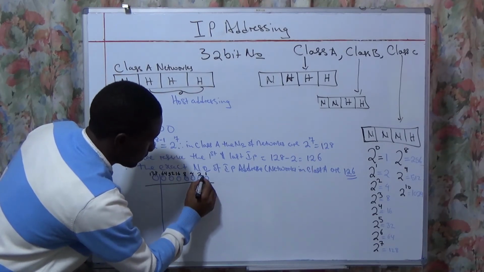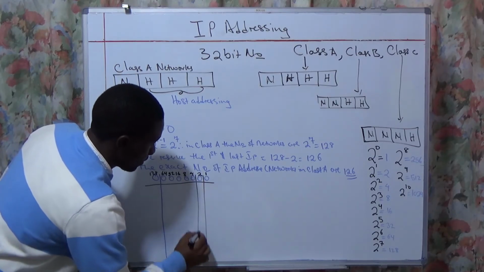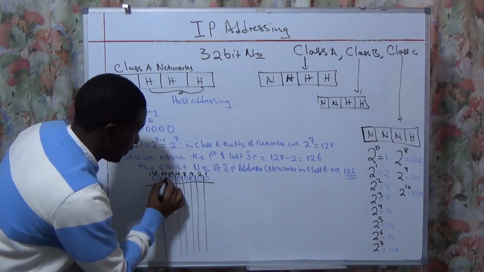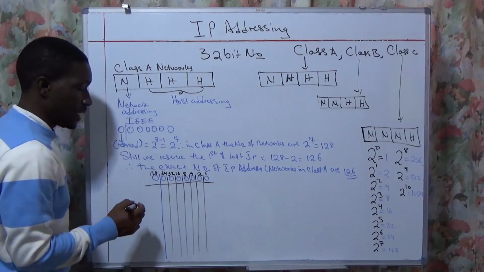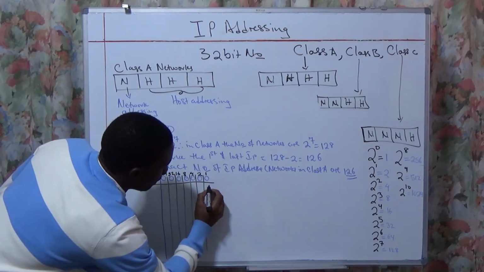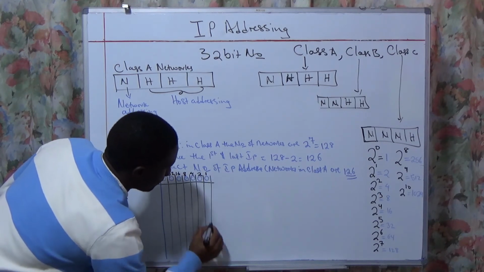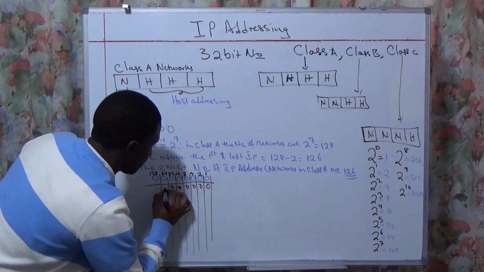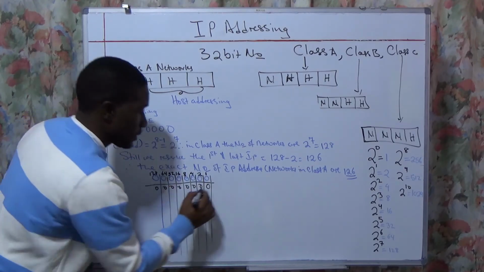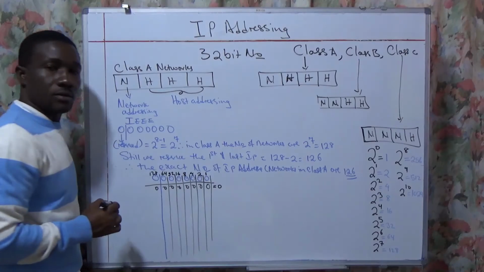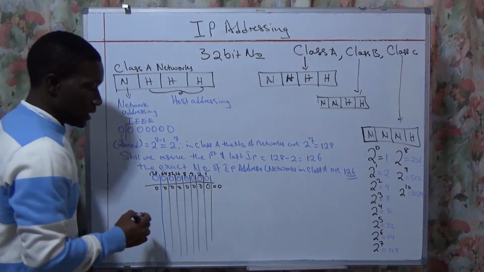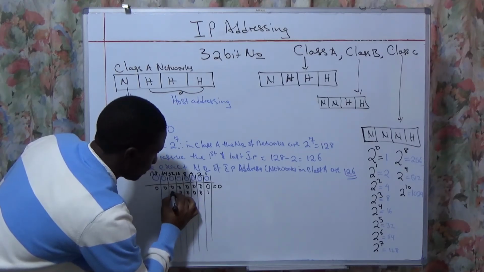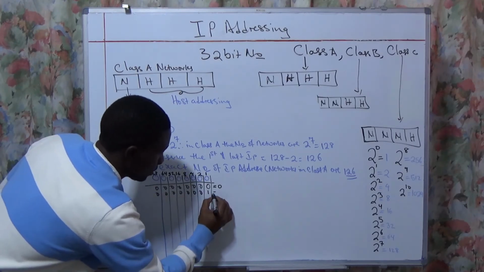So for clarity, let us divide them. Okay, let's start. So here we shall say 0, 0, 0, 0, 0, 0, 0, 0 equals 0. So 1, 0, 0, 0, 0, 0, 0, 0 equals 1.